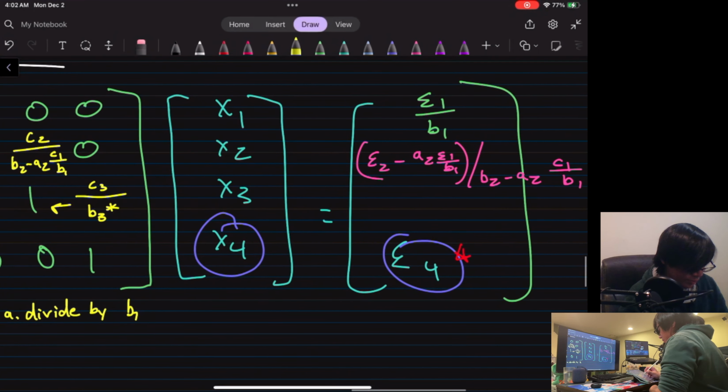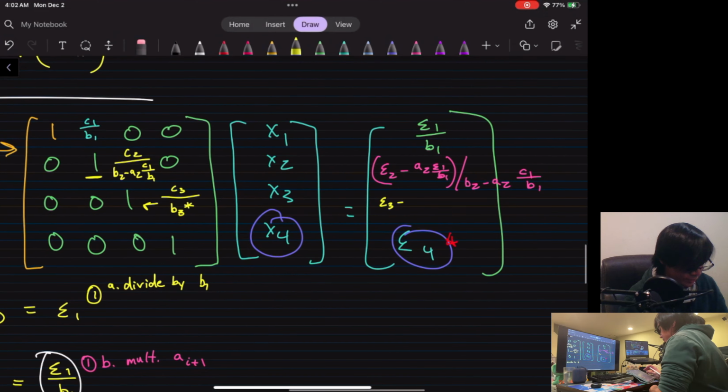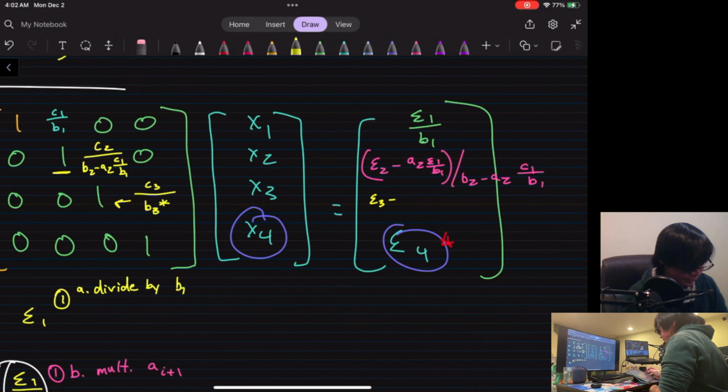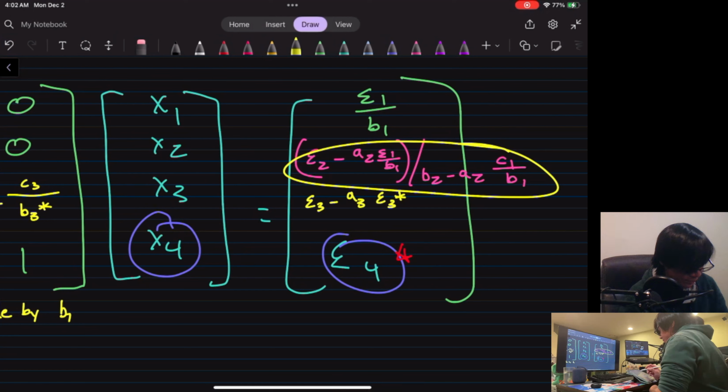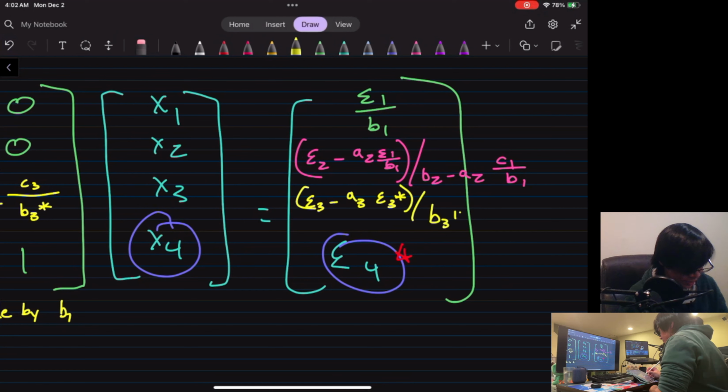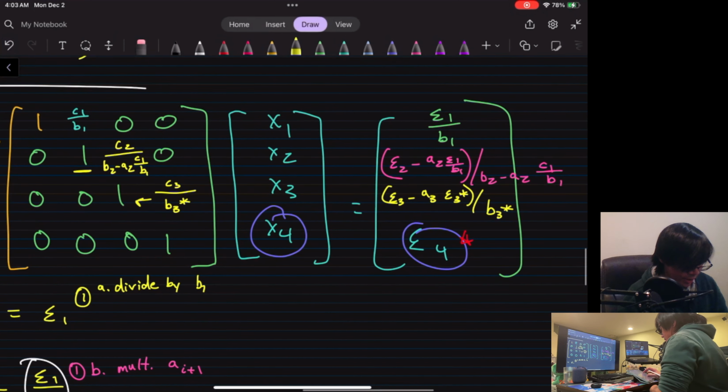And same thing here, E3 minus, technically, you'd be subtracting from the previous row multiplied by A. So it'd be A3 times E3 star. We're using this as the basis. So all of this, essentially, and then all of that divided by the modified version of B3, star. Hopefully that gets the point.